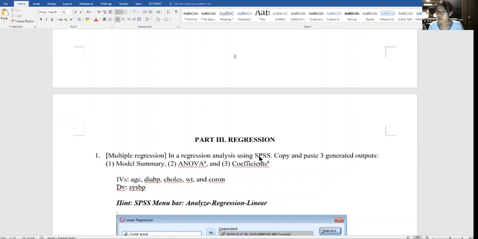For example, you have an urbanicity variable, which includes 3 categories in one variable. Urban is coded as 1, 2 is suburban, 3 is for rural.